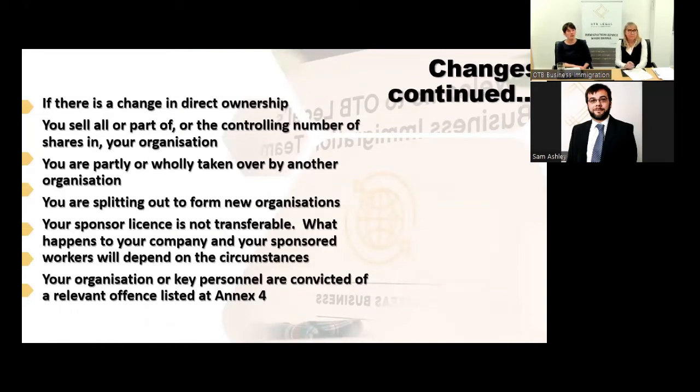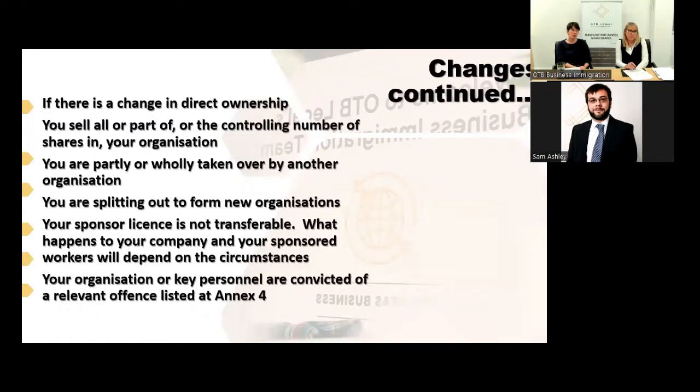So if you have a license for one company within a larger group, and this happens frequently, the corporate lawyers insert a holding company immediately above the company that has the sponsor license. So there's a change in the immediate ownership of the sponsor. Even though it's a holding company that's not really doing anything, you must report that on the sponsor license.